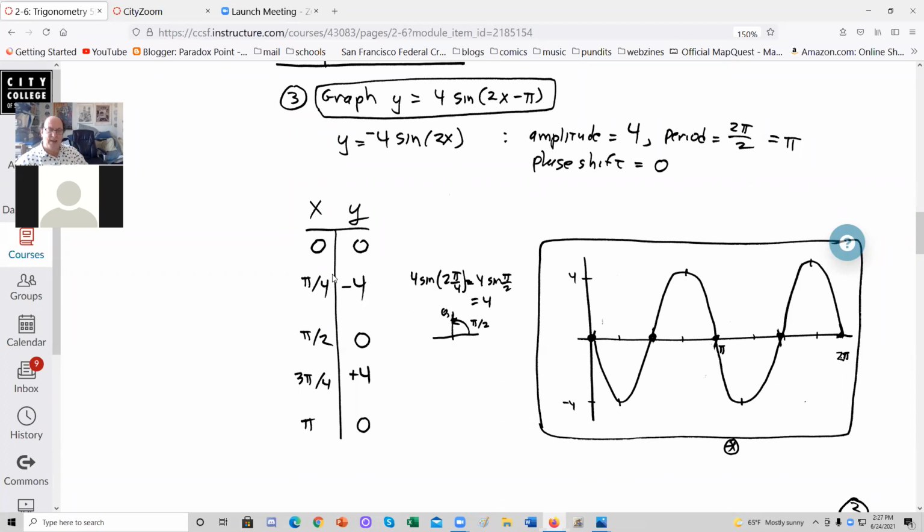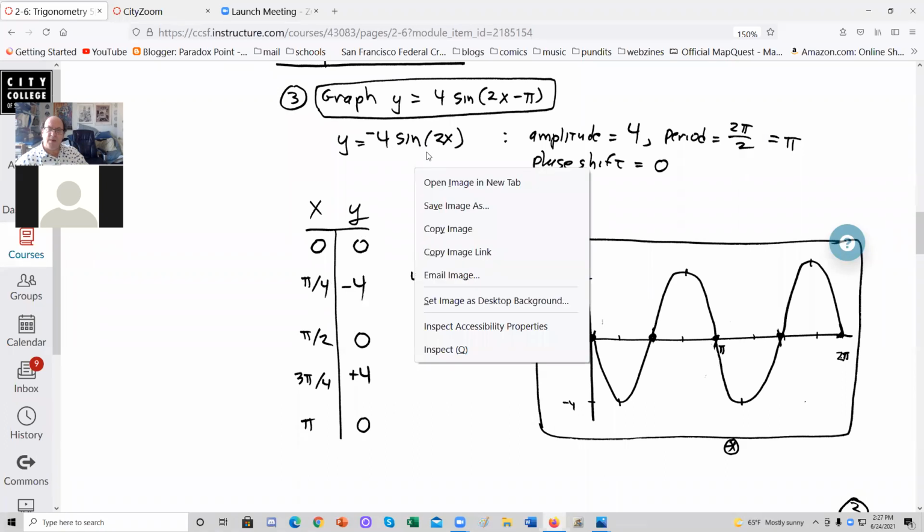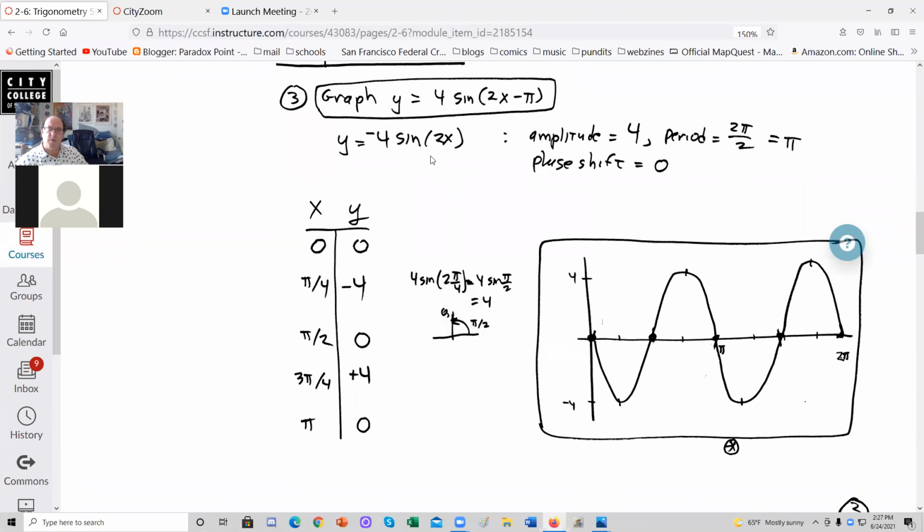Here, the difficulty is that you have to actually substitute a value to see which one's plus 4 and which is minus. At pi over 4, if you plug it in, it's minus 4 sine of twice pi over 4, minus 4 sine pi halves. Sine of pi halves is 1. It's a 90-degree turn. So minus 4 sine pi halves would be negative 4.